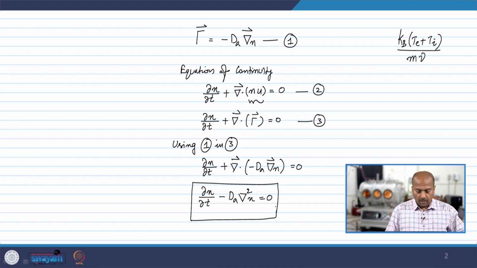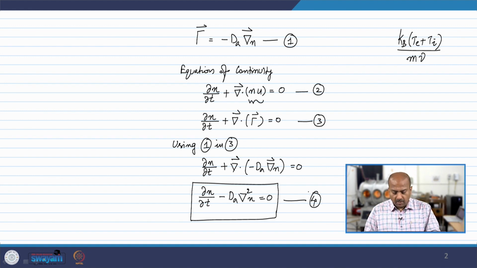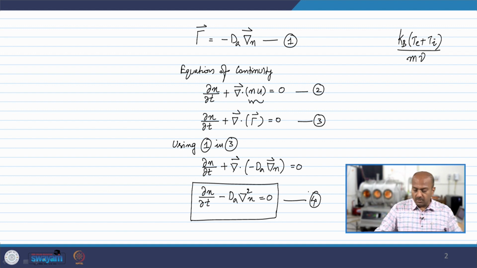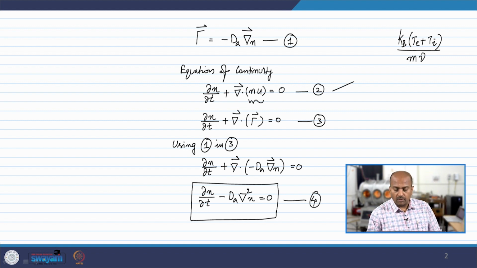This is the continuity equation written using the diffusion coefficient, right. Let us call this equation 4. Okay. So, this equation can be used to study the temporal and spatial evolution of plasma under diffusion, right.